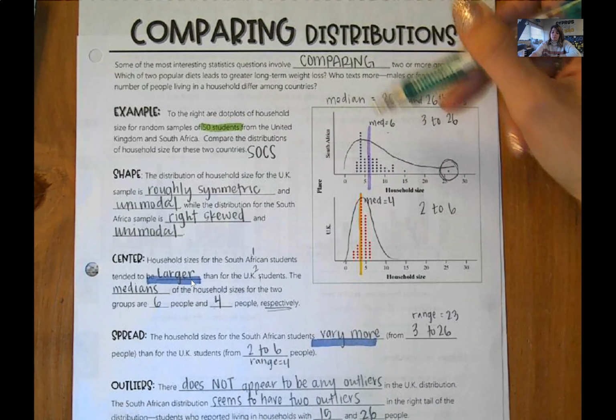So you want to use percents instead of counts on the vertical axis when comparing distributions with different numbers of observations.